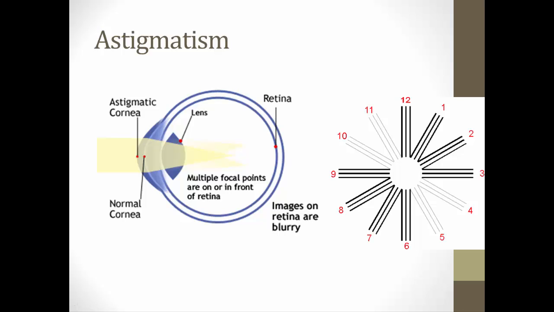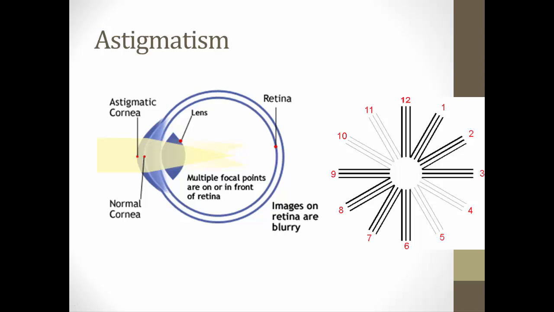What the doctor would ask me is to point out those lines that look thinner, like the 4, 5, the 10, and 11, because they look thinner. That would give an indication of where the astigmatism curvature is. He'd show me multiple ones of these and then mess with putting the little glasses in front of you and try to correct for that.